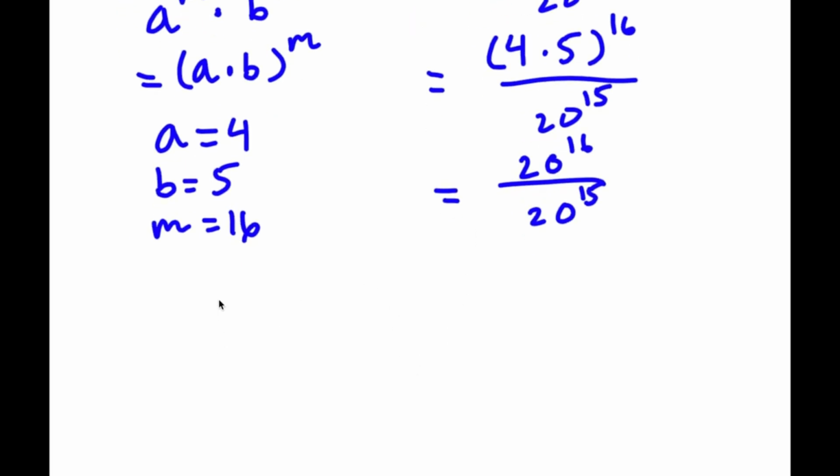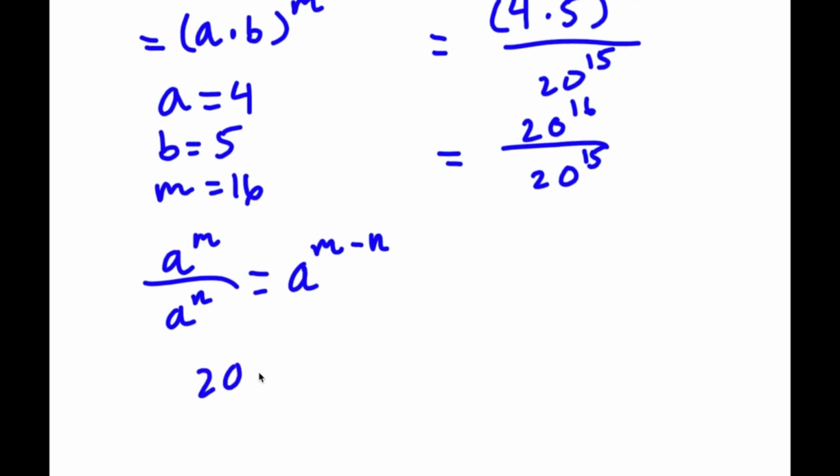Now another property of exponents is that if we have something in the form a to the power of m divided by a to the power of n, this is equal to a to the power of m minus n. So in this case, we have 20 to the power of 16 divided by 20 to the power of 15.